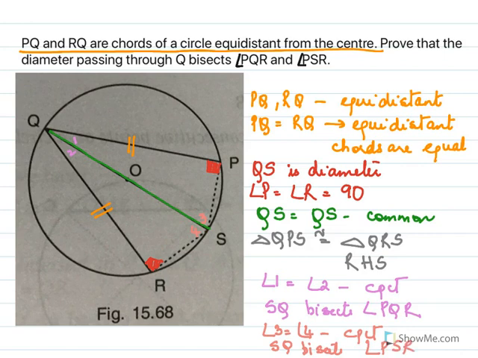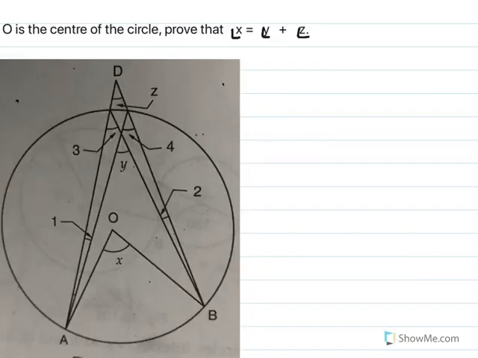angle PSR. O is the center of the circle. Prove angle X equal to angle Y plus Z. So let us take up the first. Here I have X as a central angle, and this angle is equal to half of, this is the angle at the circle.